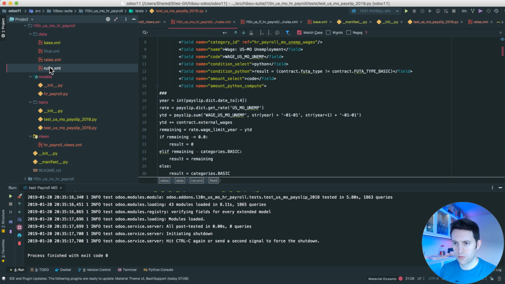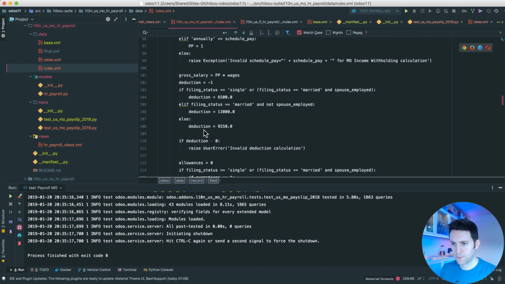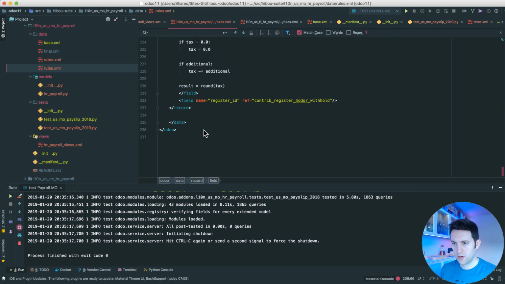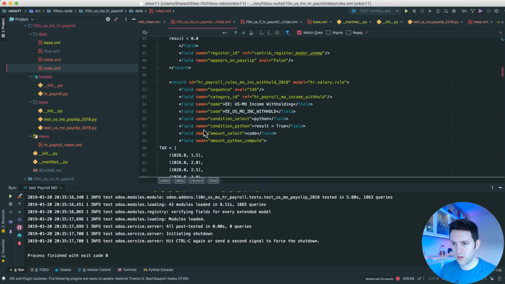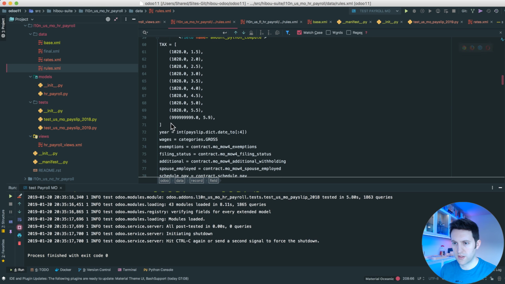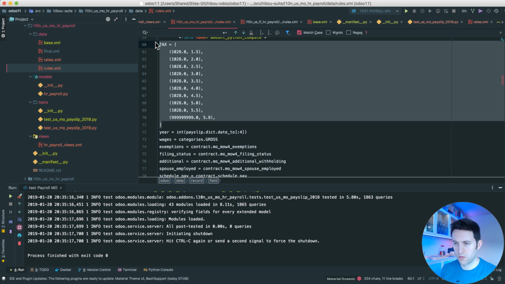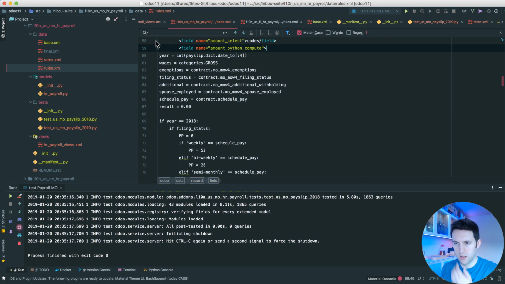Change that in our rules as well, which we will need to redefine, meaning with this tax variable, we'll need to go into the year calculation piece.